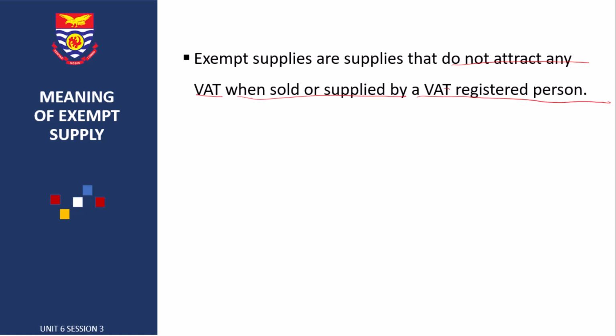In other words, where taxable inputs are used in the production of exempt supply, the firm can only treat the input tax as cost and pass it on to the consumer as part of the selling price. The price of an exempt supply includes any VAT that may have been paid on the input.